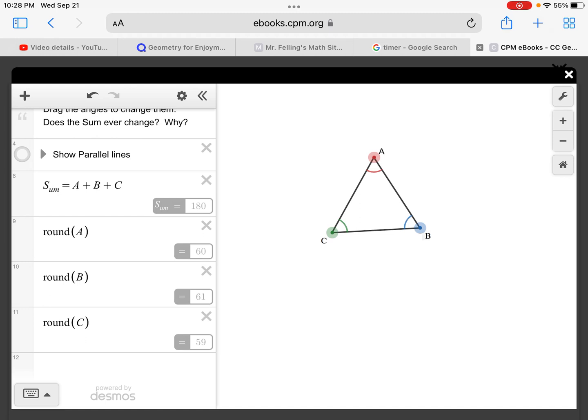But you can see that those angles will always add up to 180 degrees. Even if I make it really skinny, still 180 degrees no matter what. All the angles in a triangle are always going to add up to 180 degrees. See what happens when I make the green one smaller, the red one gets bigger. Make the red one smaller, the green one gets bigger.